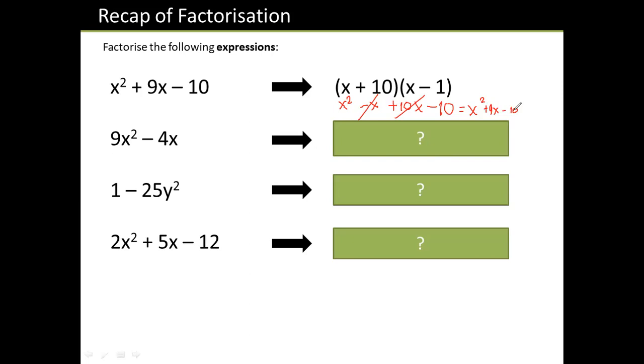Next example, 9x squared minus 4x. Odi, what are the factors of 9x squared minus 4x? Only two terms. x times 9x minus 4.